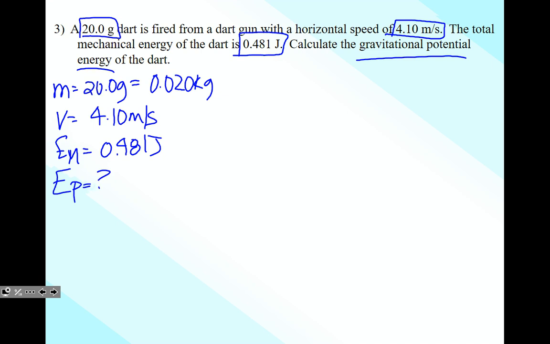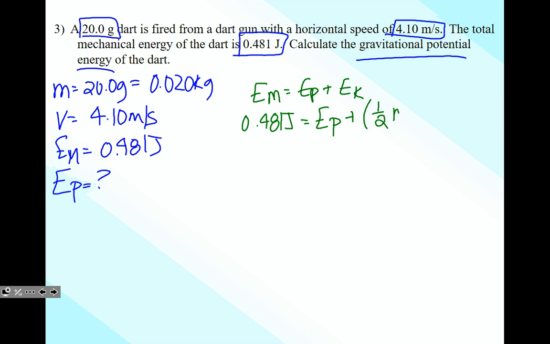Now this one here, I'm actually not going to manipulate the formula, so you can see that there's different ways to do it. EM is equal to EP plus EK, right? Our EM is a given, 0.481 joules, is equal to our EP, which is what we're looking for, plus 1/2 mv squared.